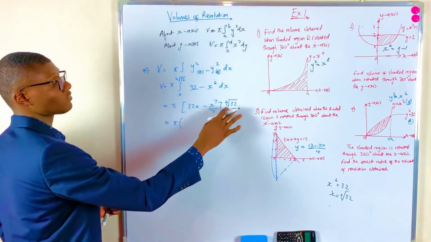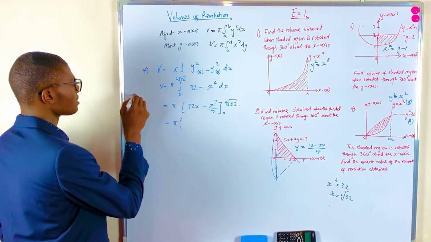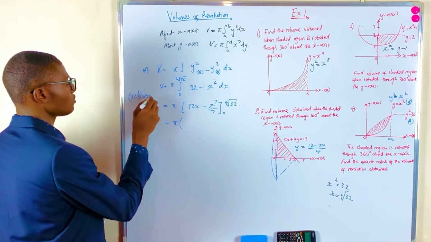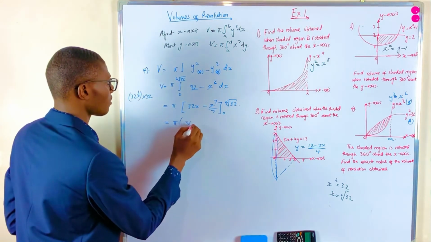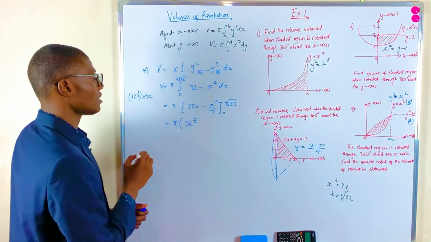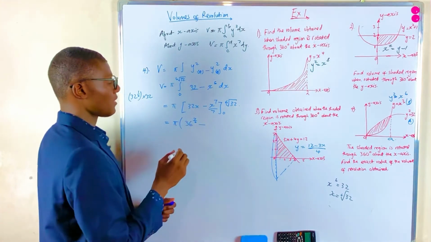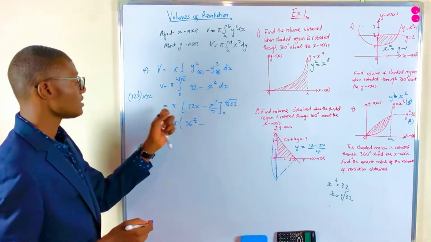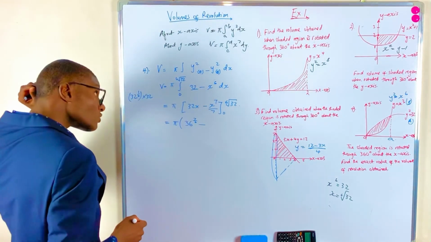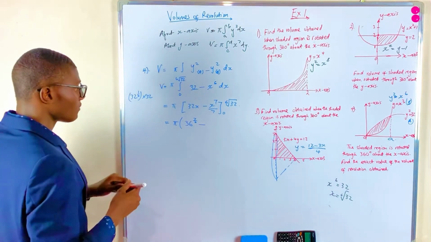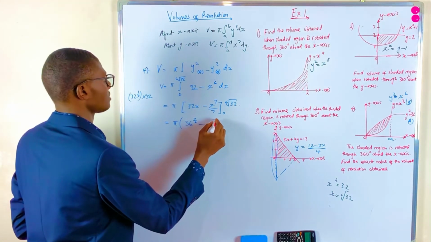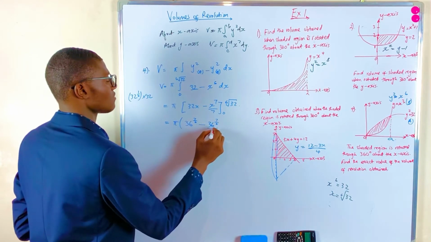The 6th root is 32 to the power of 1 over 6, and then times 32, that's 32 to the power of 7 over 6, minus 32 to the power of 1 over 6 raised to the power of 7, which gives 32 to the power of 7 over 6 over 7.